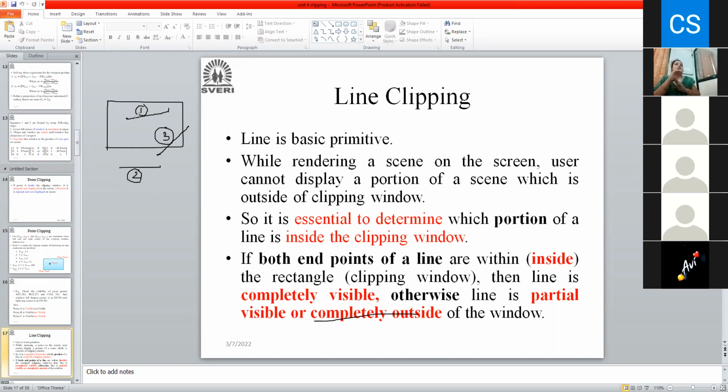And the third is, though the endpoints are outside, the line joining the two endpoints passes through the window. That is called a partially visible line. Another way of partially visible line is one endpoint inside and the other outside. This type of line is also called a partially visible line. So these are the types of lines with respect to the clipping window.